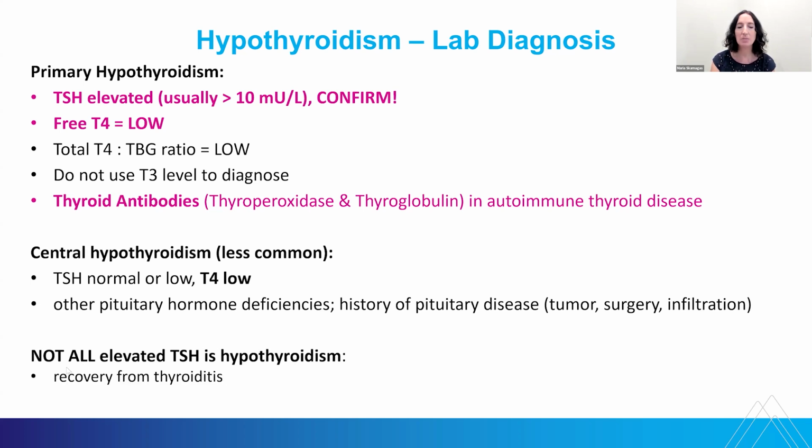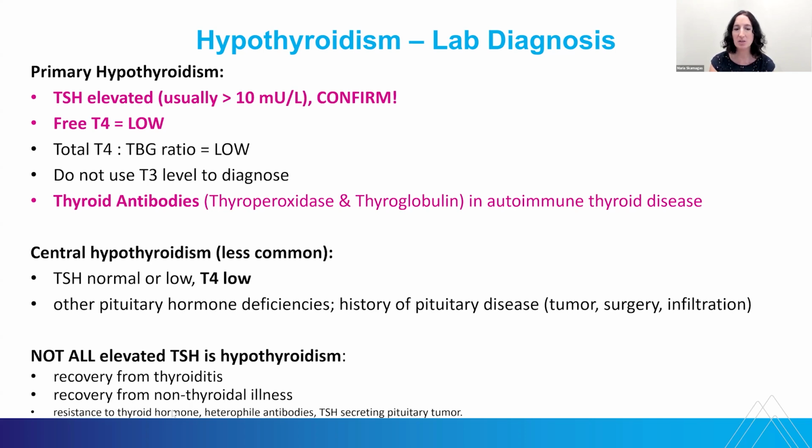Not all elevated TSH is true hypothyroidism. If somebody is recovering from a thyroiditis, a post-viral condition where the thyroid becomes inflamed and releases thyroid hormone, that eventually can lead to a hypothyroid rebound state, which can resolve itself. Recovery from non-thyroidal illness, we'll talk about in the next slide.